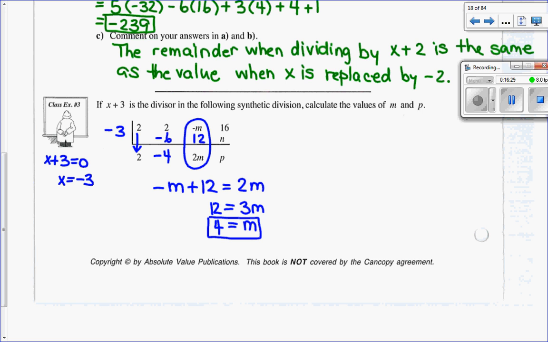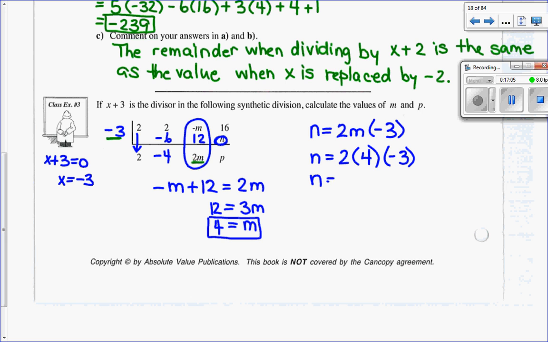Then I also know that this n here is determined by multiplying this 2m times this negative 3, right? So n is 2m times negative 3. Okay, well now I know what m is, so n is 2 times 4 times negative 3.